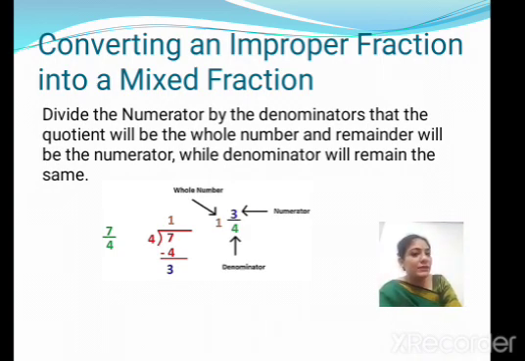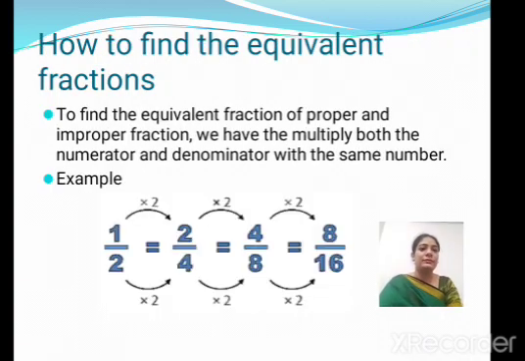Here 7 is divided by 4, and the quotient is 1 and the remainder is 3. So the quotient becomes the whole number, 3 becomes the numerator and the denominator remains the same. So it becomes 1 whole 3 by 4, a mixed fraction.